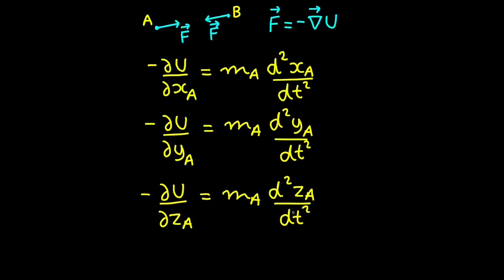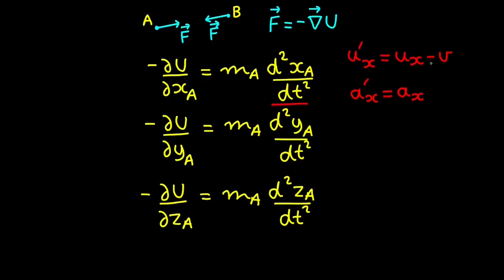And now to show that the equation of motion is not affected by a Galilean transformation, we can start with the right hand side. So recall that under a Galilean transformation, the primed velocity is equal to the unprimed velocity minus the velocity of the primed observer. And if you differentiate this, we get the primed acceleration is equal to the unprimed acceleration of the particle.